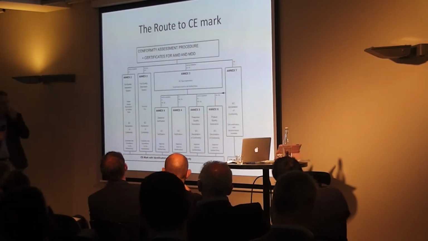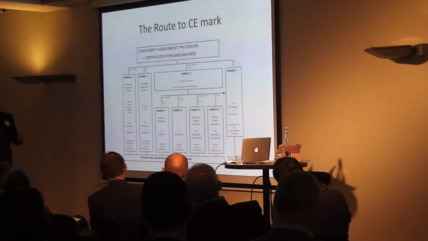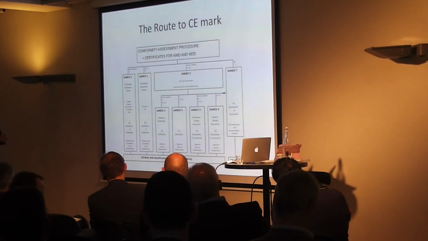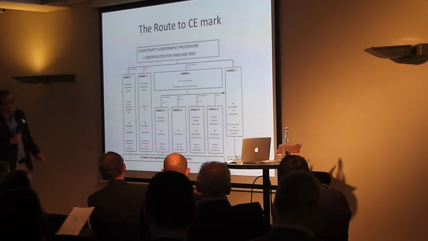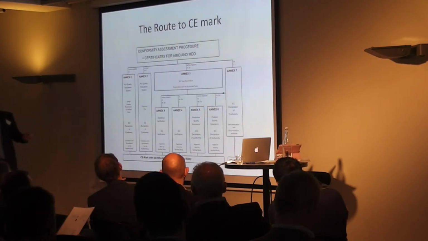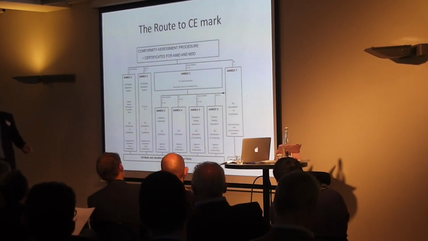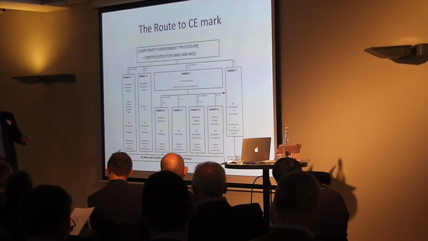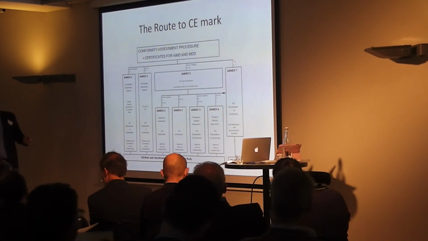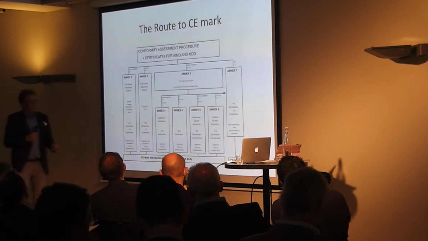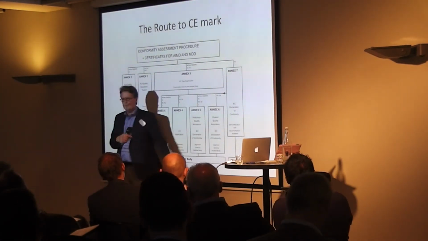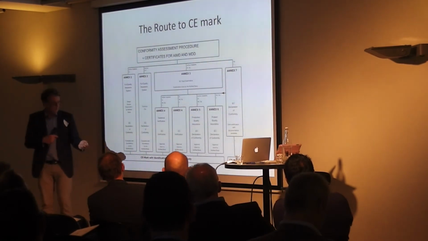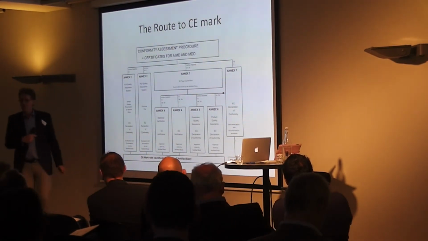Okay. This is a scenario which is the route to CE mark. There are different ways to get your CE mark. Basically, the class 1 devices allow for a specific annex to write up your own declaration of conformity, to self-certify the product, and stamp your CE mark yourself on the product.